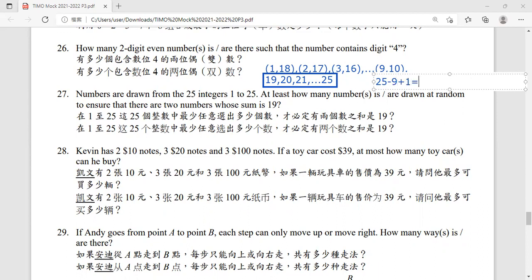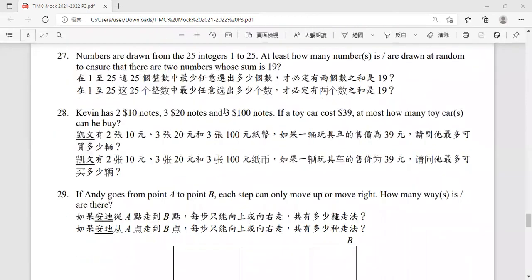So this will be 17. You just count the numbers here, 19 to 25, which is 7, and plus 9 plus 1 also is 17. Because there are 7 numbers here, there are 9 groups here, so 7 plus 9. And the last number drawn will get the job done.